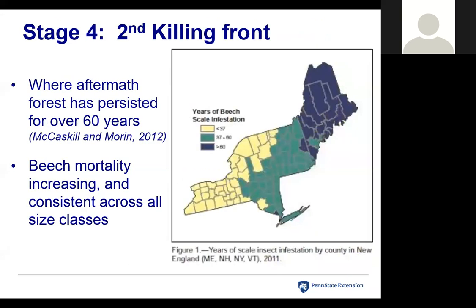And again, it's primarily been observed where the aftermath forest has persisted for over 60 years. You can see in this figure on the right that it's primarily Maine right now, but pretty soon that's going to be New Hampshire and Vermont and eastern New York. And now the mortality, instead of being limited to just overstory trees, is pretty consistent across all size classes.